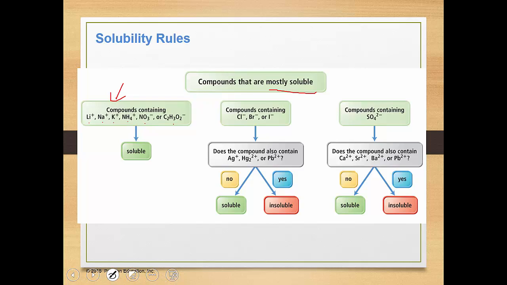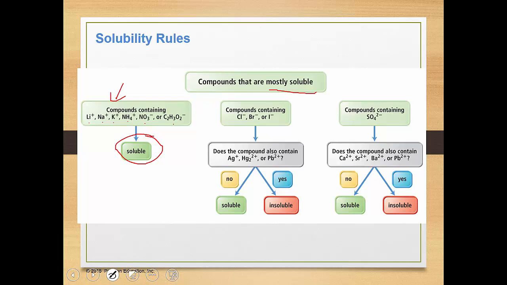Those tend to be soluble. It doesn't matter what anion you put them with if they're a cation, or what cation you put them with if they're an anion. If you have those particular ions, those are going to dissolve in solution.